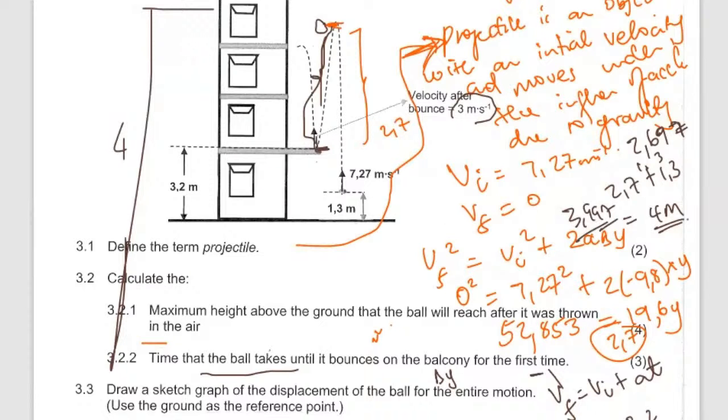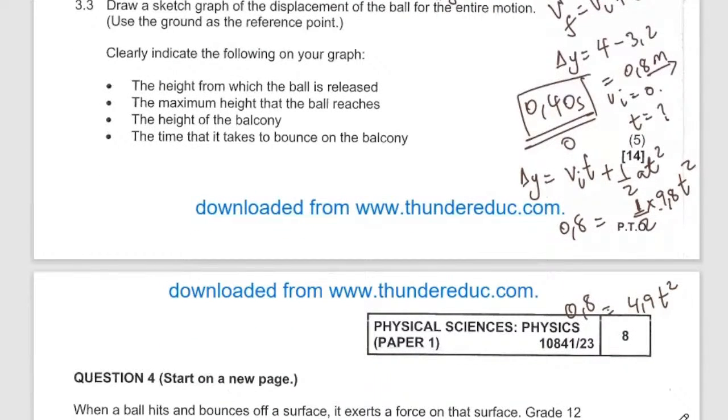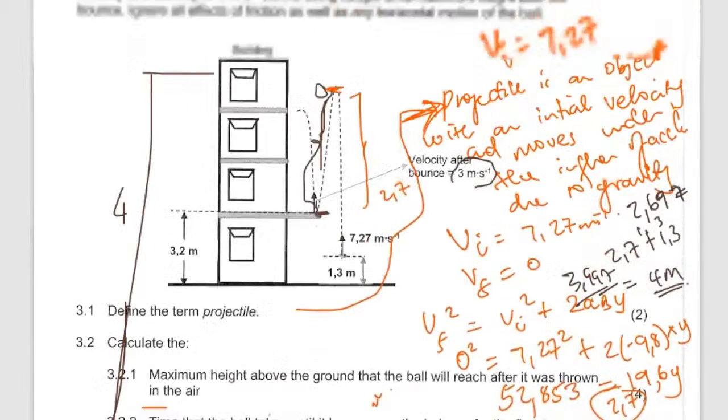But then we have to do it back using the change in y. So what's going to be the displacement? Well, 1.3 up to that, and so that was 2.7. So it means we can use the 2.7: 4 minus 1.3 plus 2.7.